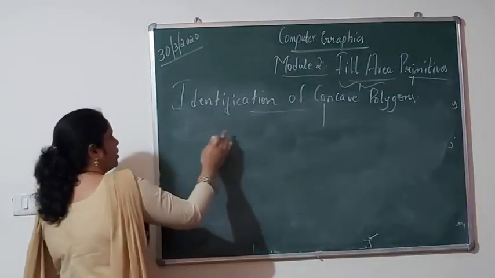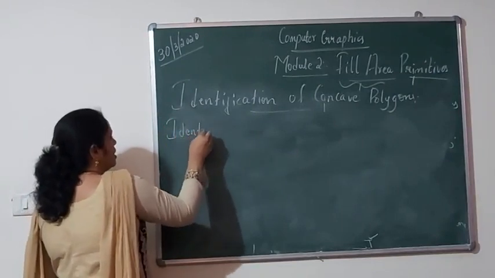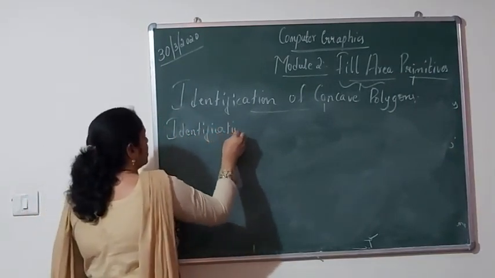So we have two algorithms here. Let us discuss the first algorithm. Identification algorithm 1.